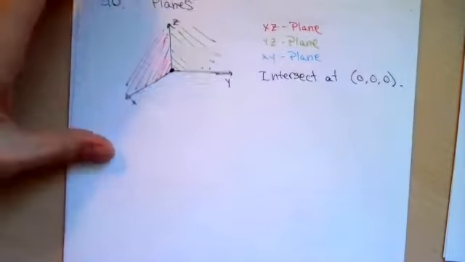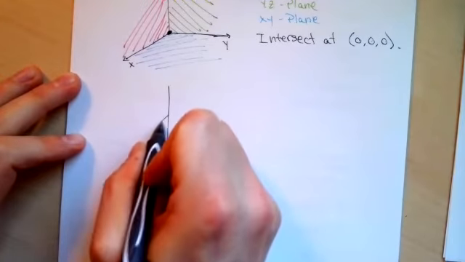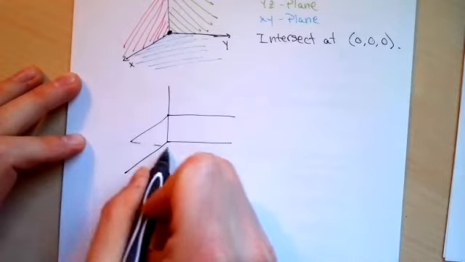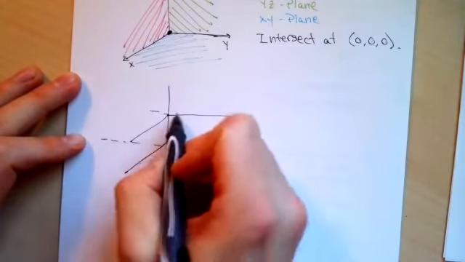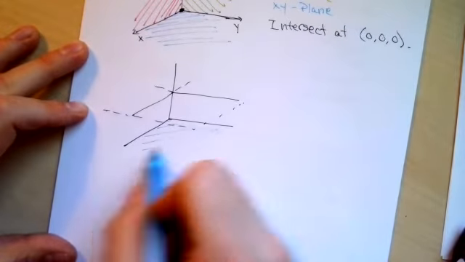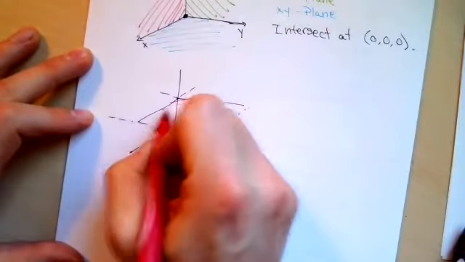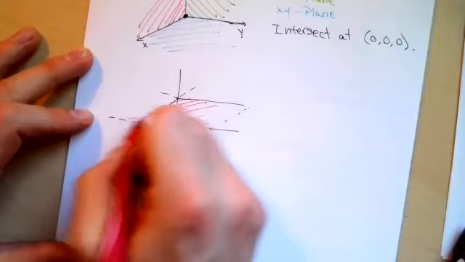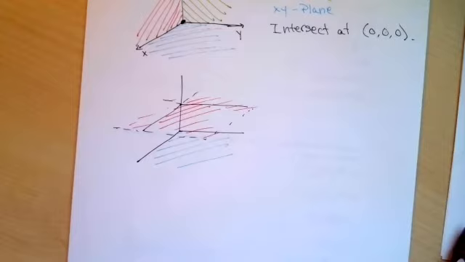Now, weird things can happen in 3 dimensions. Sometimes there are no solutions. So for example, we could have the xy plane at the bottom, and then we could have a plane that is perpendicular to the xy plane. And we could even have a plane that intersects both of them.